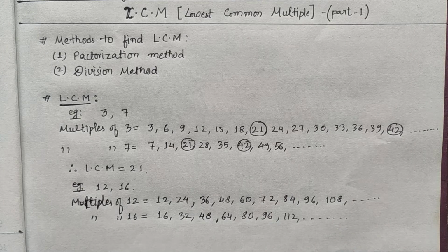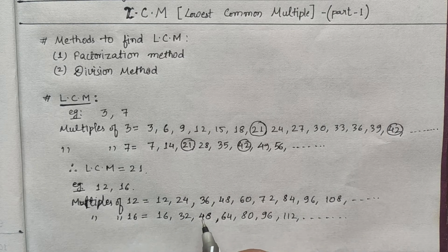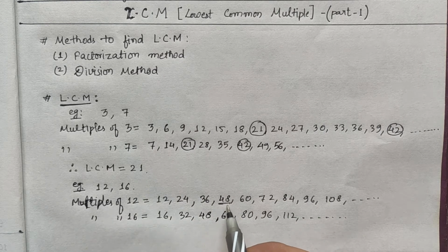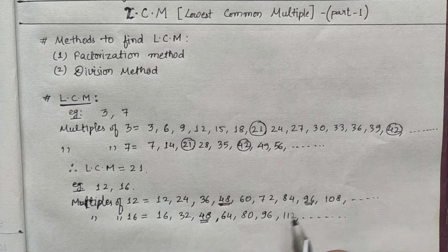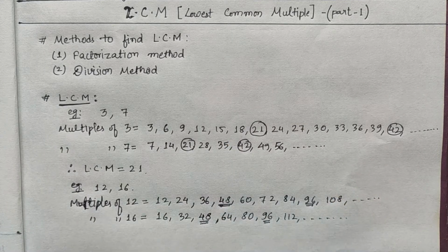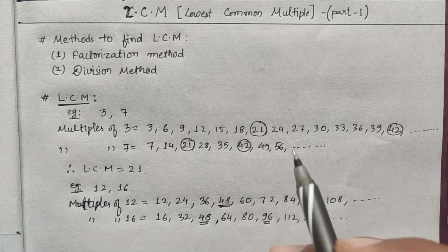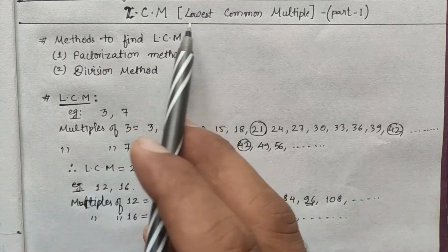Let's see the common multiples first, then we will find the lowest common. The common multiples are 48, another one is 96. There are many more common multiples, but we are going to see only the lowest common multiple.